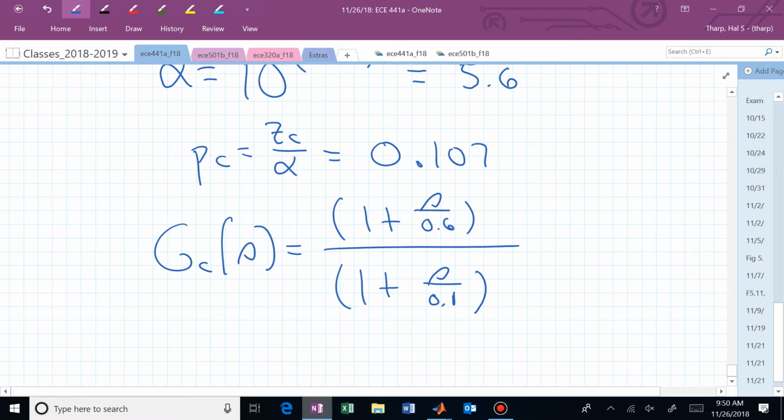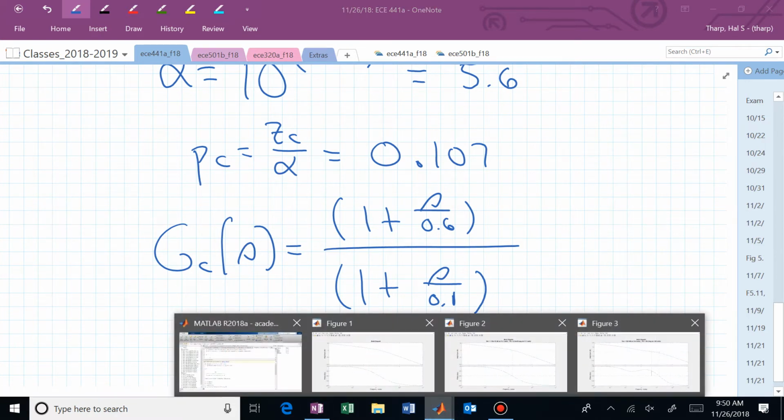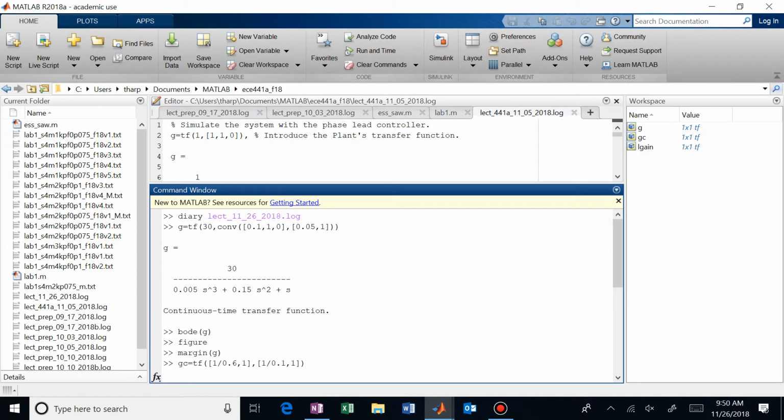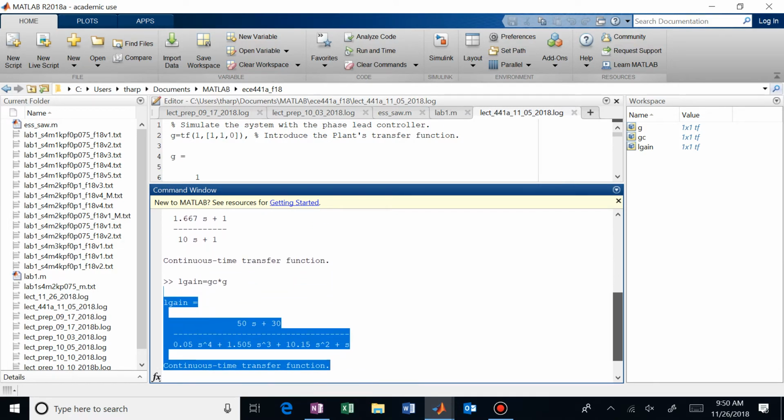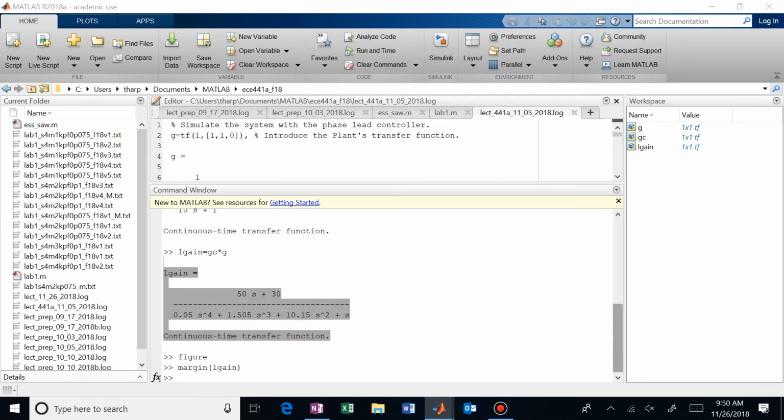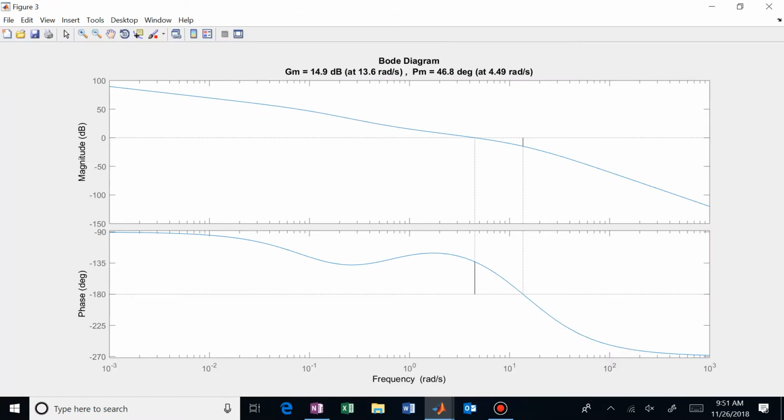Let's make it 0.1. So I did that in MATLAB. If you see G sub c, that's what I've done here for G sub c. I combined G sub c of G, and then I did another margin command, and I ended up with this. And I did the margin, and what's my phase margin? 47 degrees.